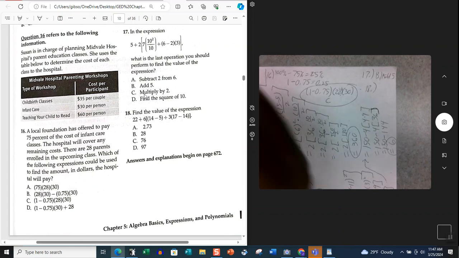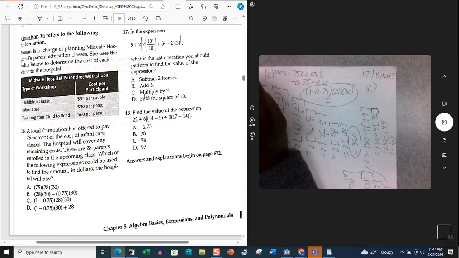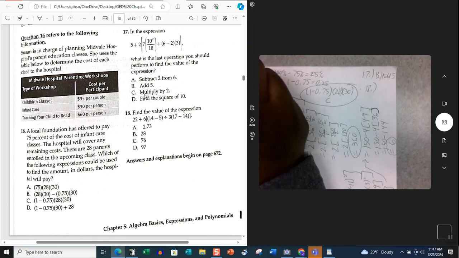Now, we do what's inside the bracket first. So 14 minus 5 is 9, divided by 3. Then parentheses, 17 minus 14 is 3 as well.